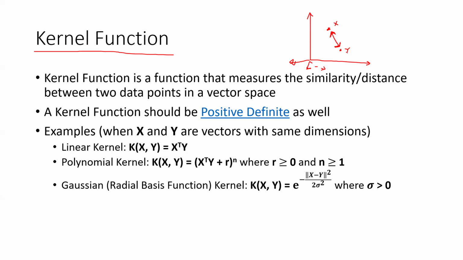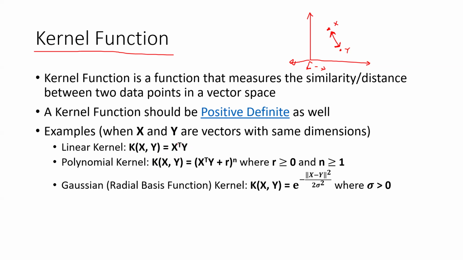How to find this, for example, if this is the x data point and this is the y data point, the distance between x and y can be measured in different ways, right? So there are some examples of measuring the distance between x and y. The simplest form is known as the linear kernel. The distance between x and y can be represented as k(x, y), or the kernel function of x and y, simply using x transpose y.